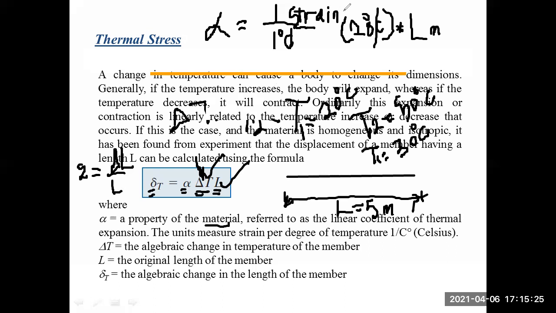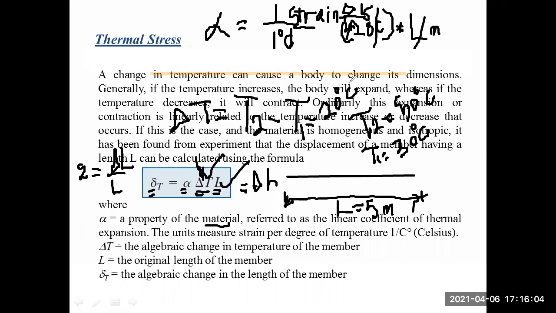So if the strain is delta L over L, that means L would go. So the product of alpha times delta T times L, L has gone with the delta L over L, so what is left is delta L, the change in length due to temperature. That's why alpha times delta T times L is equal to the change in length due to temperature.